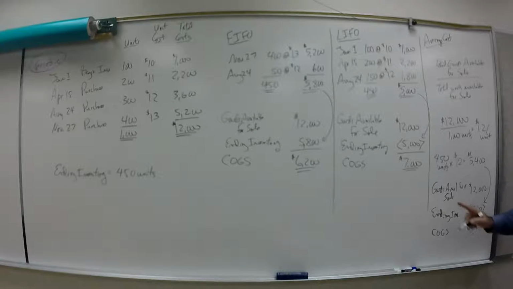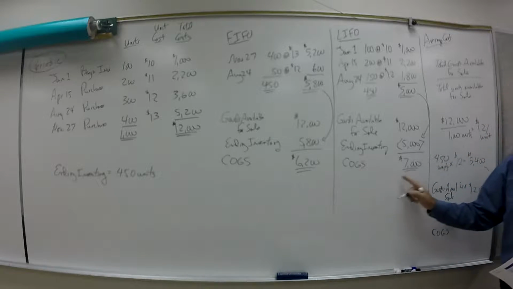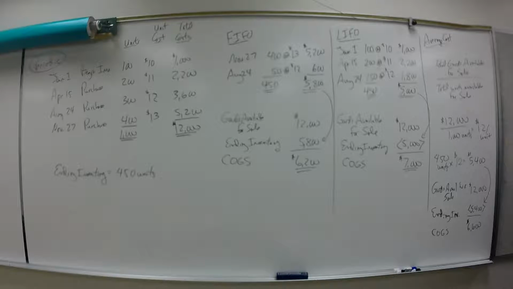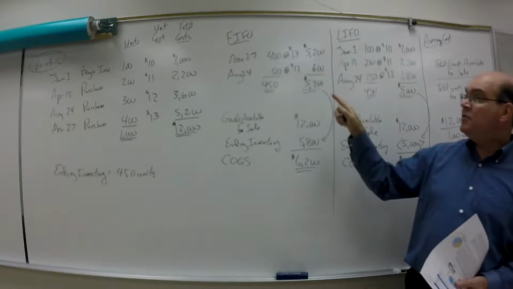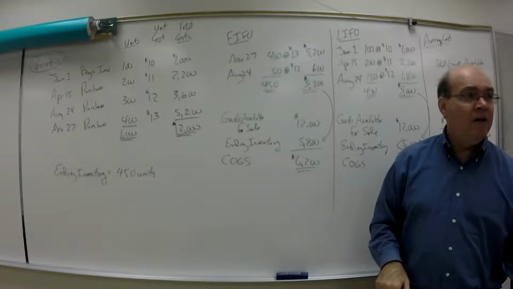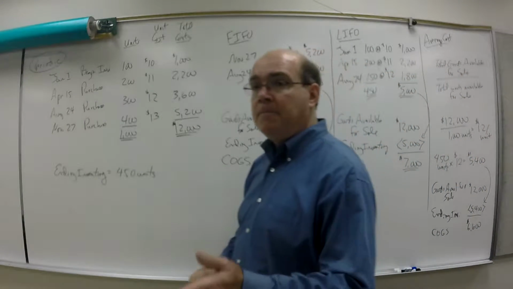And if you notice, that's right in between my FIFO and my LIFO. Average cost splits the difference between them. Same thing on my ending balance. My ending inventory at $5,400 is right between my $5,000 LIFO ending balance for inventory and my $5,800 FIFO ending balance for inventory.